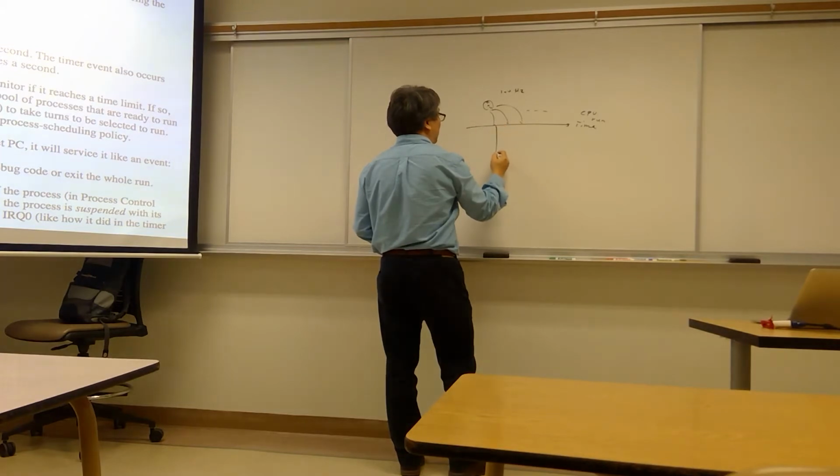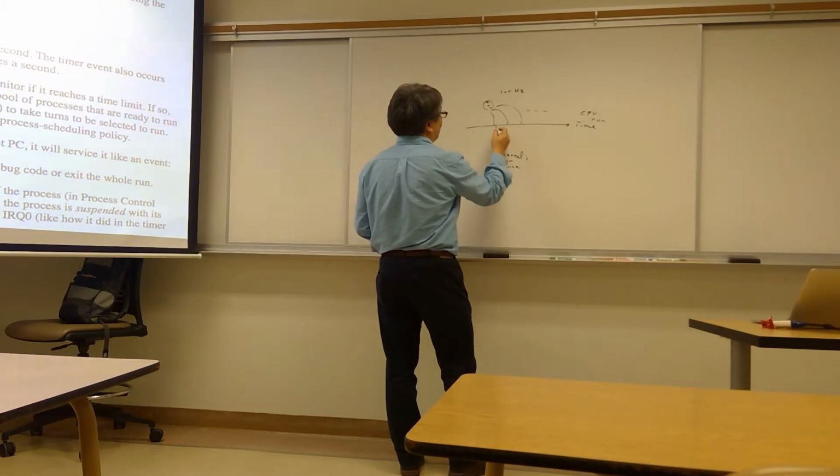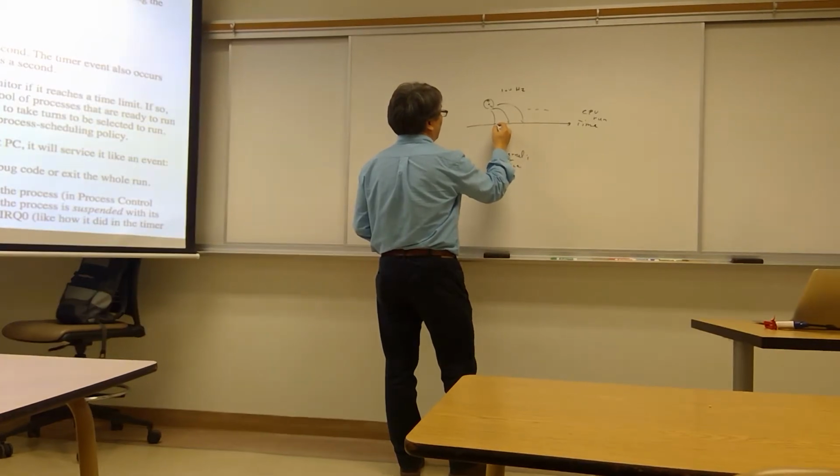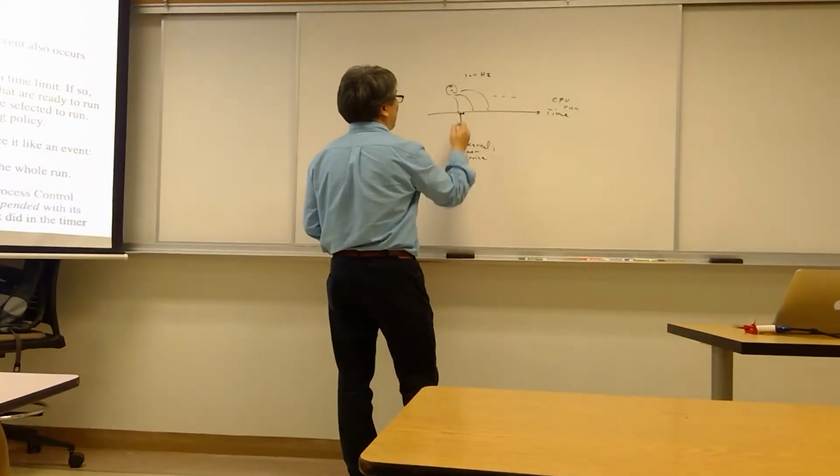It will switch into timer service. So that's the kernel service that needs to be carried out. How long does it take? So that's the question. You want to have this minimized as small as possible.